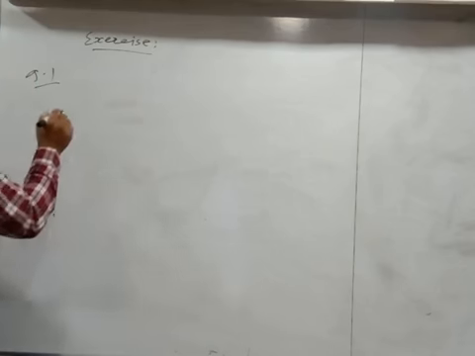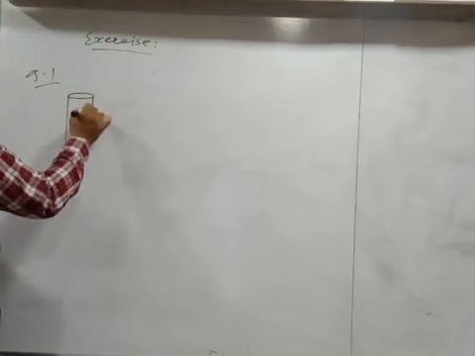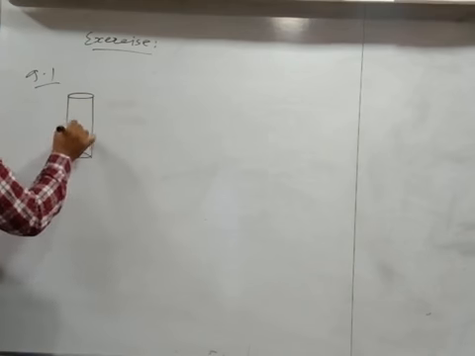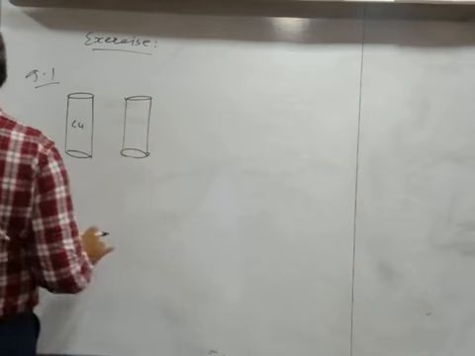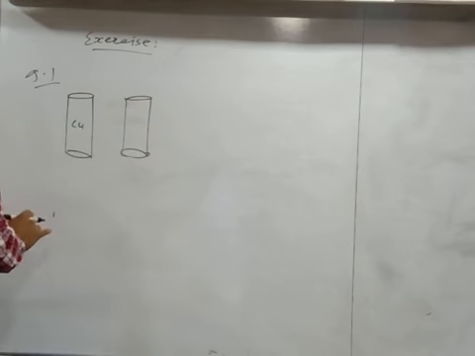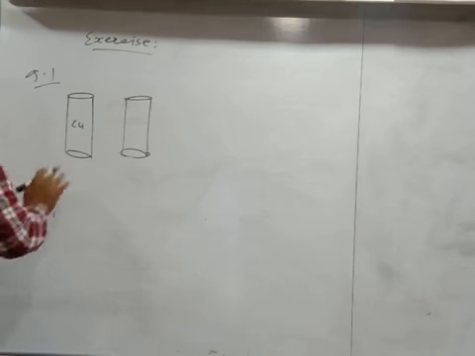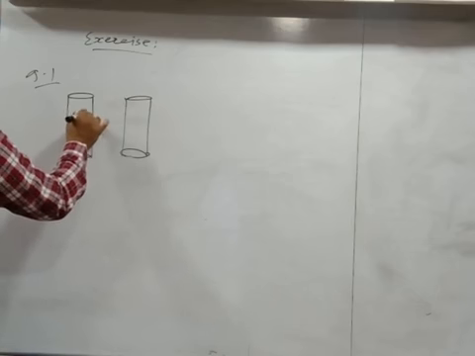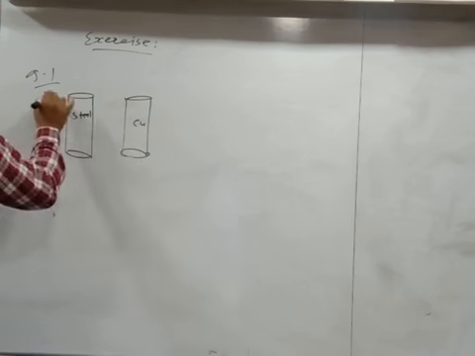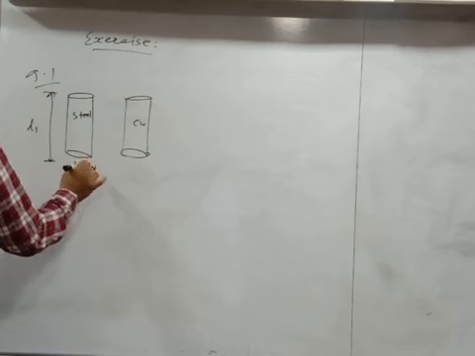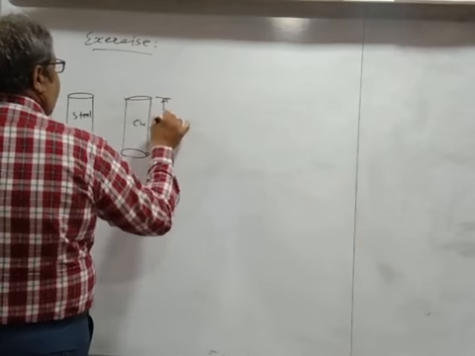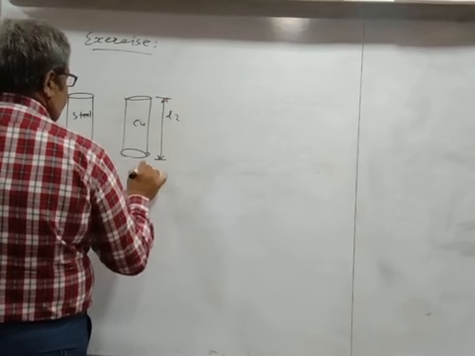That means they have given us two wires. Let us see. This is a copper wire and this is another wire of steel. Let us say the length of this is L1 and the radius is R1. Here it is L2 and here it is R2.